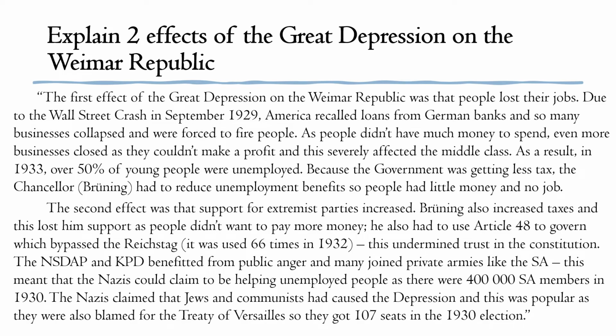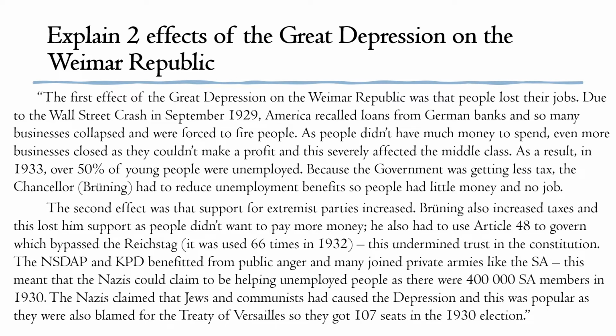Brüning also increased taxes, and this lost him support, as people didn't want to pay more money. He also had to use Article 48 to govern, which bypassed the Reichstag, the German parliament. It was used 66 times in 1932. This undermined trust in the constitution. The NSDAP and KPD benefited from public anger, and many joined private armies like the SA.